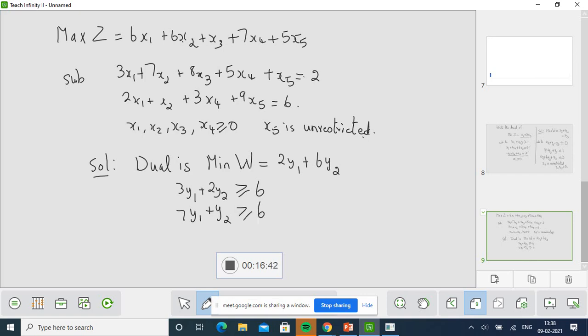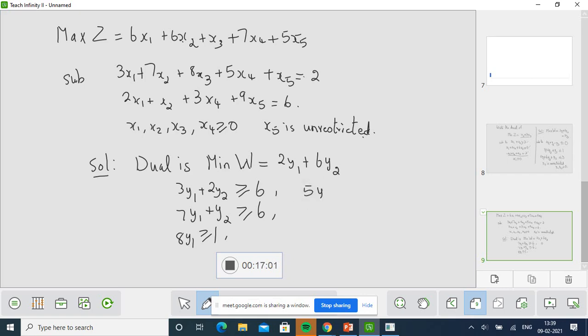Come to the third one. We have only 8x3, so 8y1 is greater than or equal to 1, the x3 coefficient. Then my fourth constraint: 5x4, 3x4.